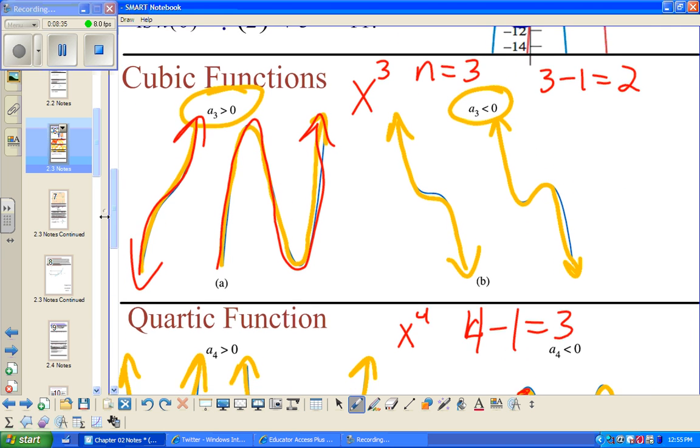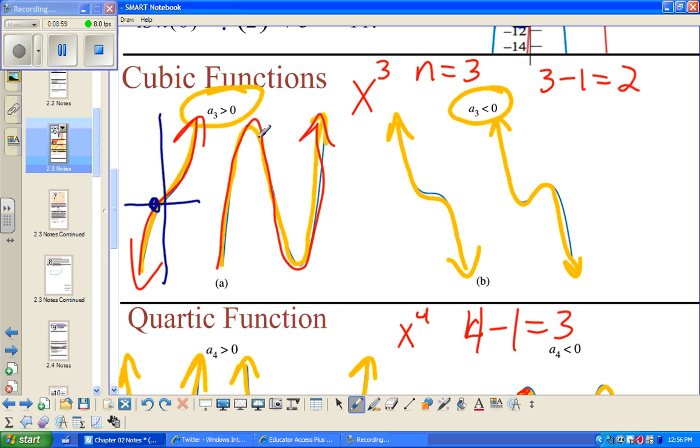As far as the number of zeros go, consider putting the coordinate grid anywhere on any of these graphs. The number of zeros that a function could have is at most equal to the degree of the polynomial. So if I put the graph right here, there's going to be 1 zero.